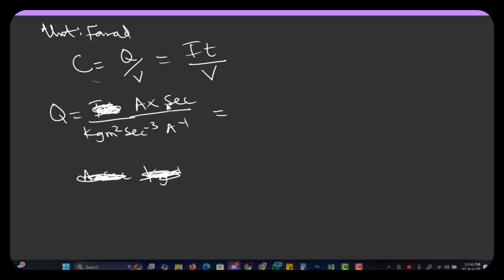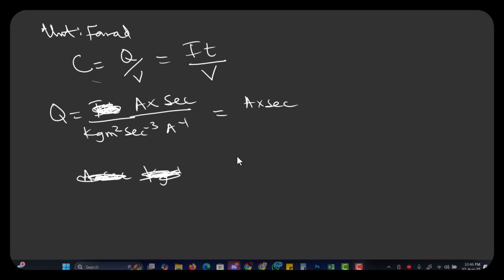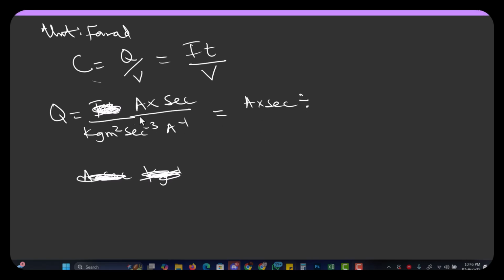I have it as ampere times seconds, divided by kilogram times meter squared times 1 over second cube times 1 over A.